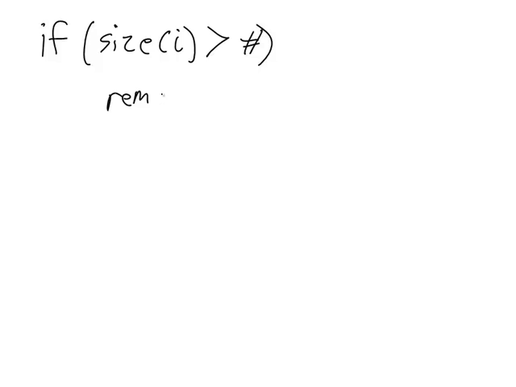For example, we can have an if statement that says if the size of object I is greater than some value, then we can remove the object from the object list.